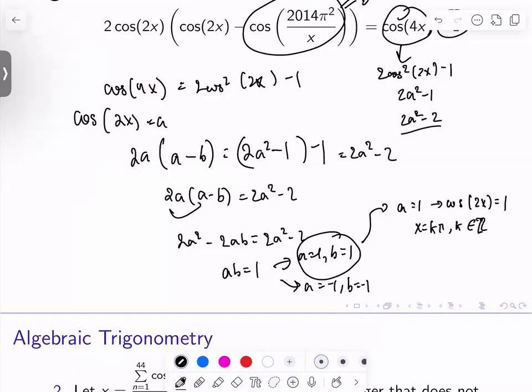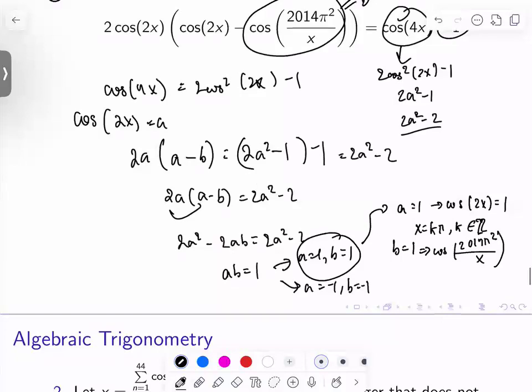And b is equal to 1 implies that cosine of 2014 pi squared over x is equal to 1. And that only happens when 2014 pi squared over k pi is an even multiple of pi.